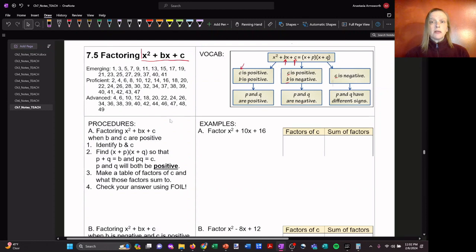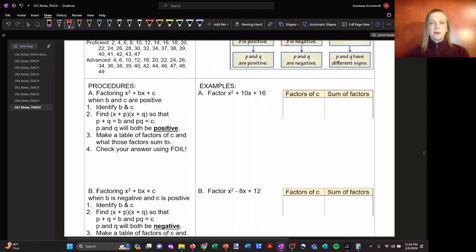First, let's look at where B is positive and C is positive. So this is positive 10x and positive 16. The first step is identifying what B is, B equals 10, and what C is, C equals 16.